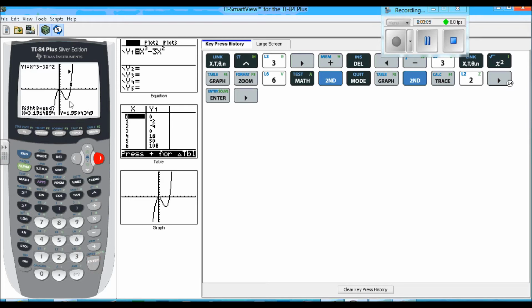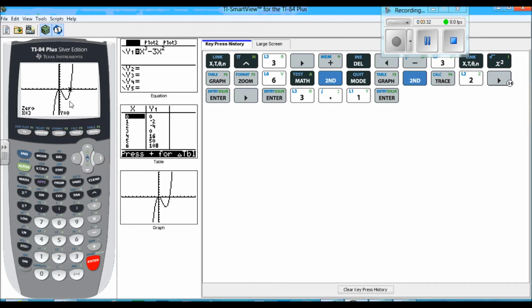That's one tick over, so I suppose that's the best I can do. I'll hit enter, and then it asks me to guess. I know exactly what it is, but I'm going to guess 3.1 just so it has to do some work. Then you hit enter, and it'll very quickly tell you that the 0 is x equals 3.